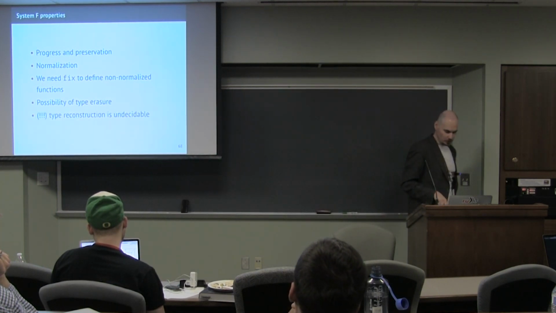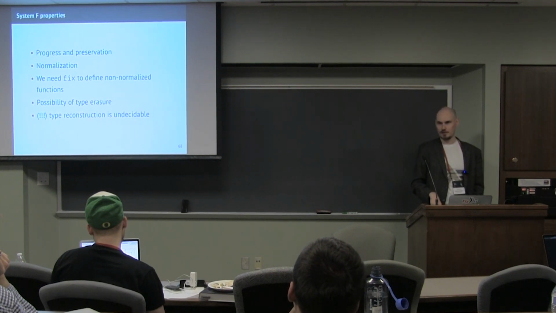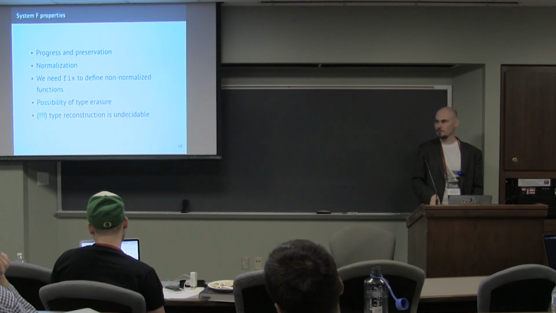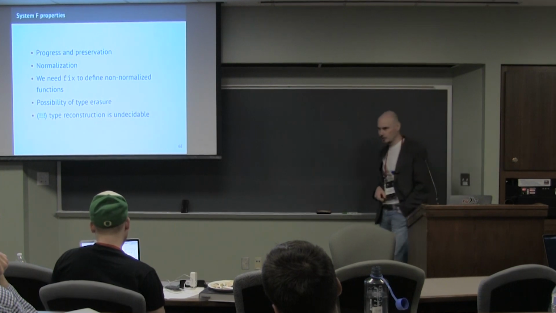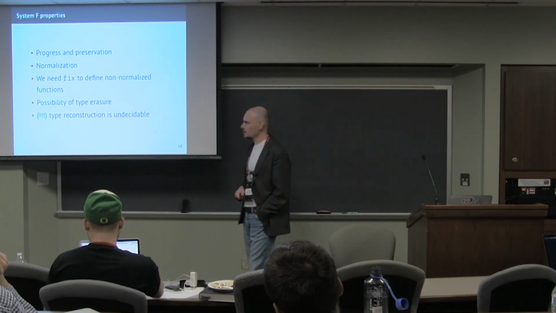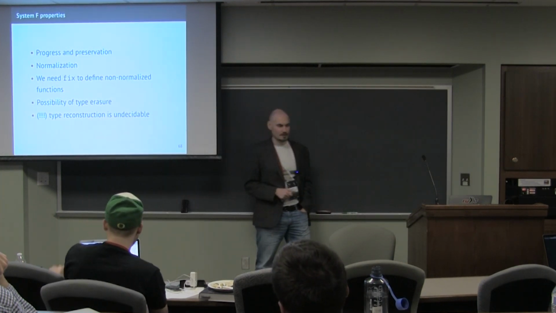Unfortunately, it's impossible to do type reconstruction. So type reconstruction is when it goes the way back. So if you have an untyped lambda term in untyped lambda calculus, it's impossible to reconstruct types here. It's an unfortunate property of system F, so it's an undecidable problem.